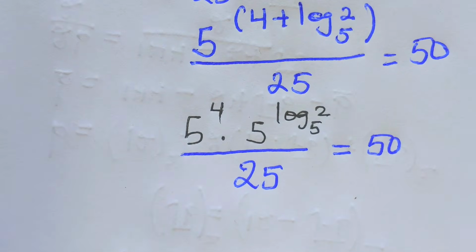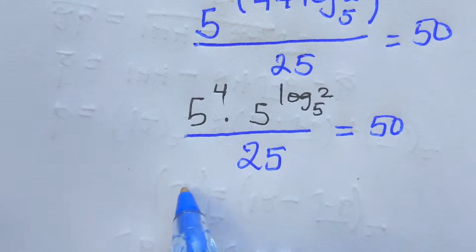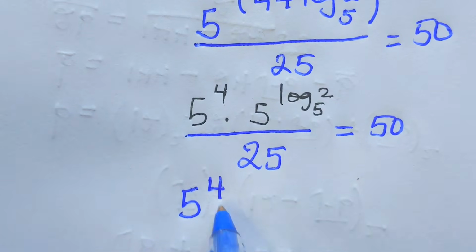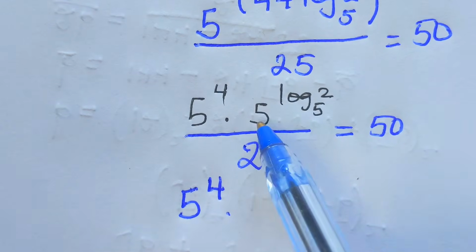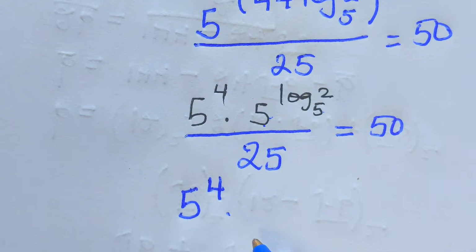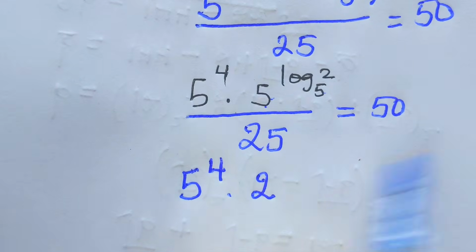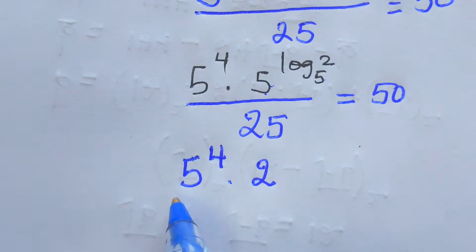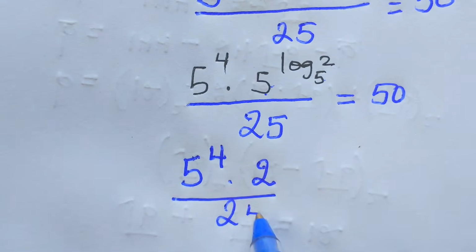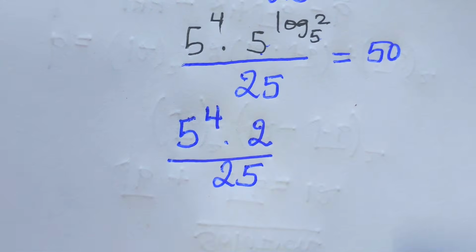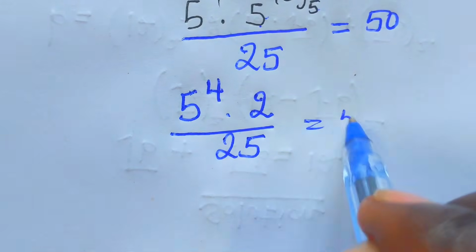So, this is 5 power 4 times, when you have same base, it means that the answer should be equal to 2. Here should be equals to 2, right, and over 25, and of course here should be 50.